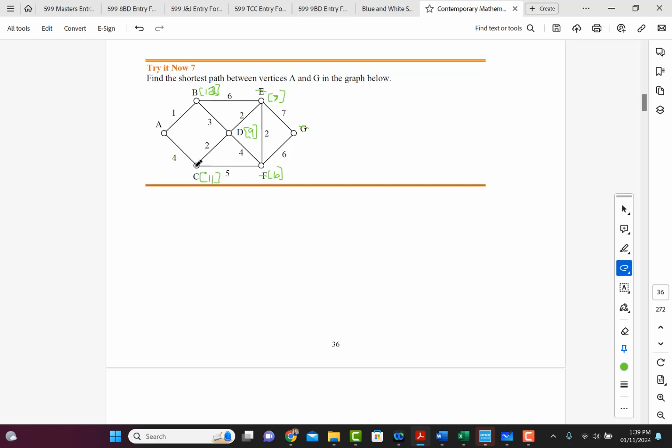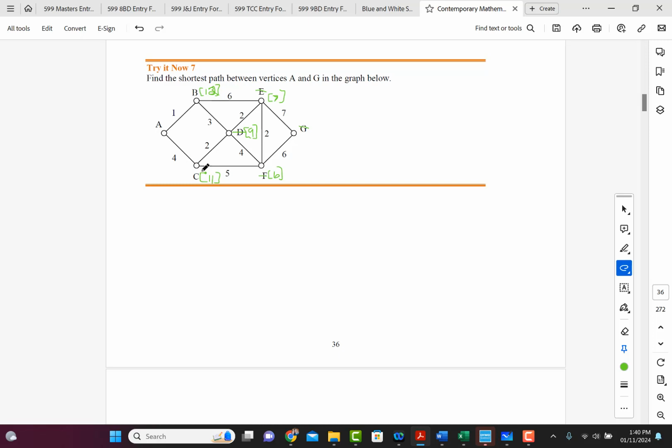And then C through D is 2. So 2 plus 9 is 11. So that's the same as what we have for C, so we're not going to replace that. We're going to leave that alone. So now D gets marked as visited. And now we take the smaller of the two vertices between B and C. And since C is smaller, we're going to make C current.